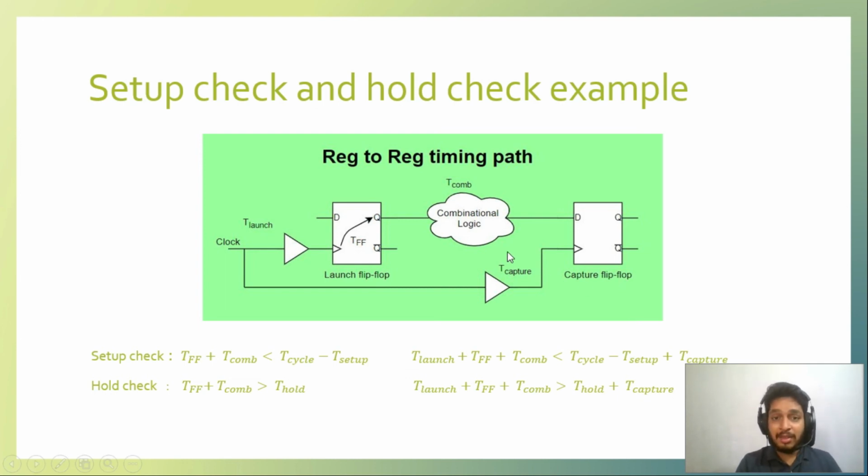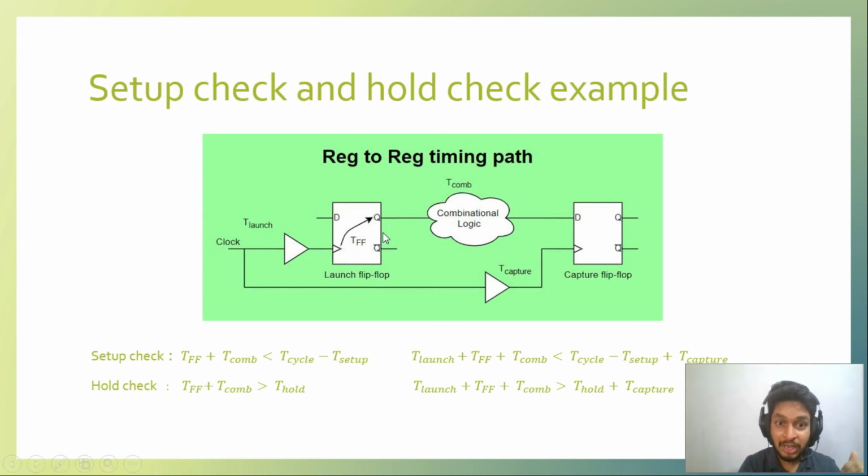But remember that what the setup and hold checks in this digital circuit ensure is that the data cannot take a propagation time which is below some value. Also, it cannot take a propagation delay above some value. So there is a restriction for the propagation delay itself, right?